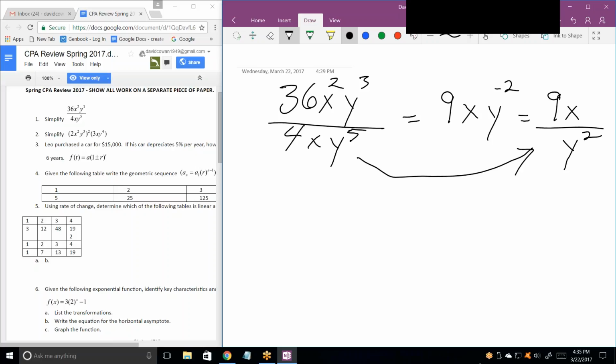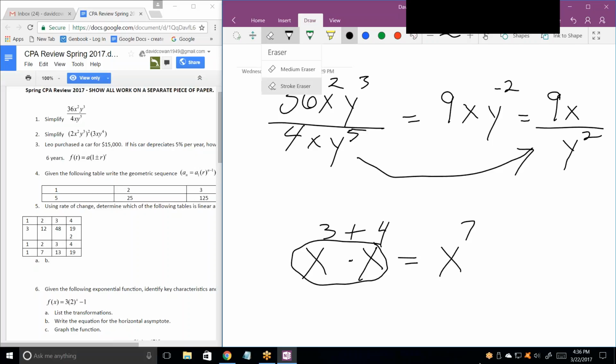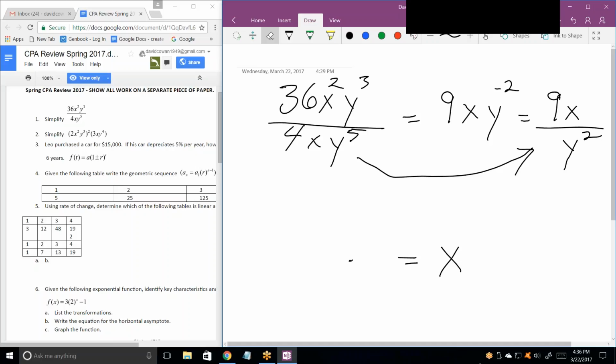If you're dividing, you're subtracting exponents. If you're multiplying, what's x cubed times x to the fourth equal to? Is that x to the 7th? Yeah, because I am multiplying the underlying base, so I'm adding the exponents. All right. So when you're dividing, you're subtracting. When you're multiplying, you're adding.